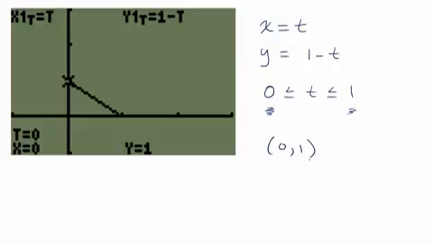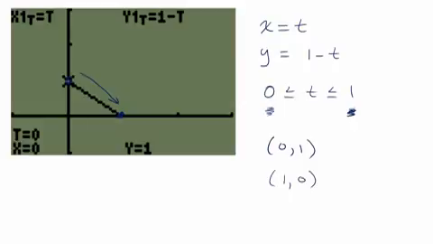So the initial point would be 0, 1, which is indicated on the graph. Now we go to the other endpoint of our interval, positive 1. Letting t be positive 1, we obtain the point 1, 1 minus 1, 0. So the final point, or terminal point, is 1, 0. The graph is then traced in this direction.